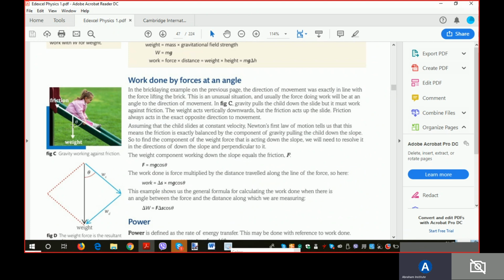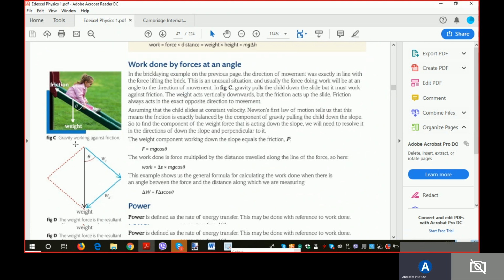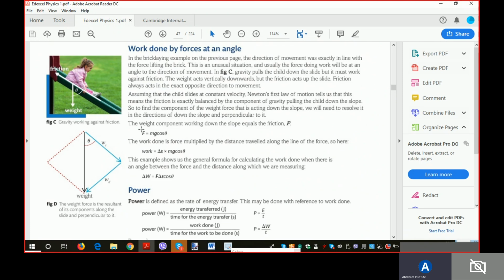Now look at this child. The weight is acting this way, but she is moving in this direction. So it will be W cosine theta. We have to take the component in the direction of motion. Work done is force into distance moved in the direction of the force. So we can either resolve the force this way, or we can take the height in this direction.